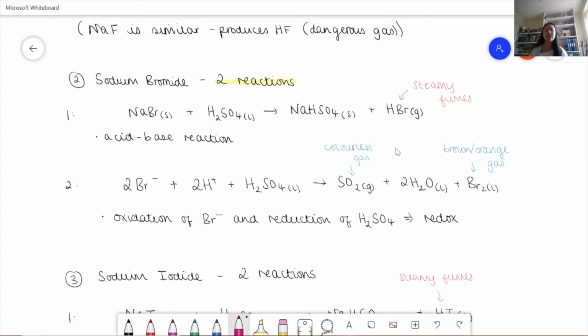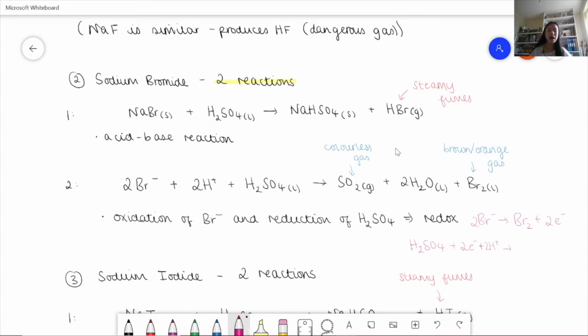So how they've got this bottom equation is that firstly, bromide ions have been oxidized, so they form bromine molecules and 2 electrons, and also the sulphuric acid has been reduced to form sulfur dioxide.